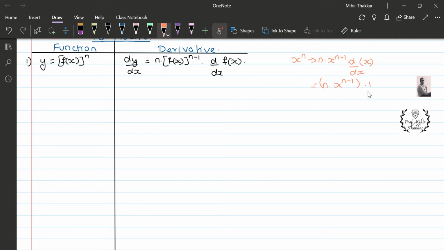So multiplying by 1 does not make a big difference. Therefore, we just ignore this part and keep our formula as n into x raised to n minus 1. So that was the first formula, which is fx raised to n giving n into fx raised to n minus 1 multiplied by the derivative of fx. Obviously, we'll see an example for this also.